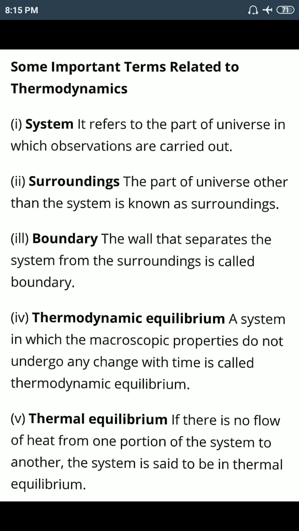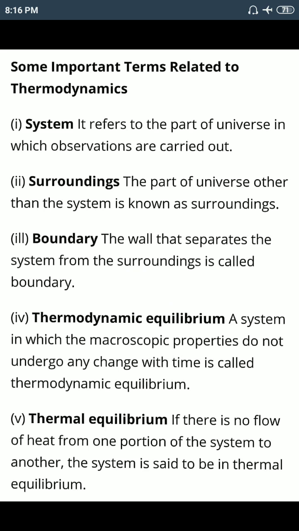First is the system. It is a very important term in thermodynamics, and it contains the gas or gaseous molecules. So what is a system? A system is a part of the universe in which observations are carried out. Anything we can consider a system, and whatever is inside it, which we observe, is the system.